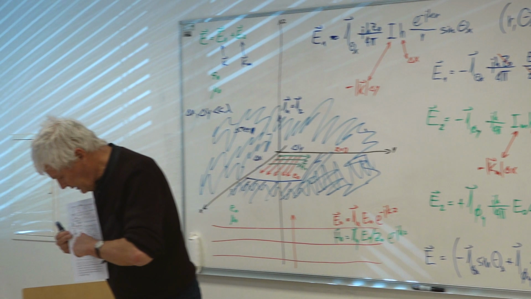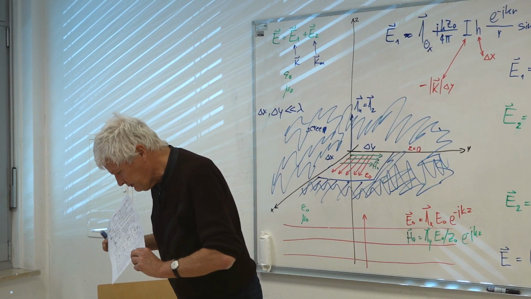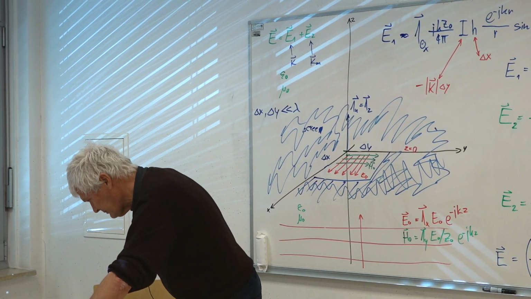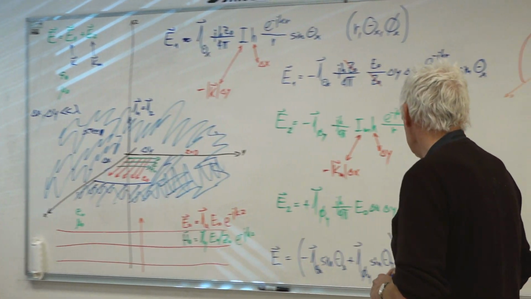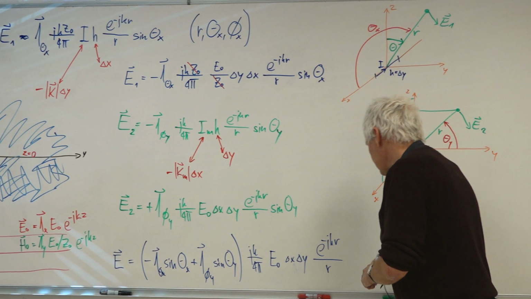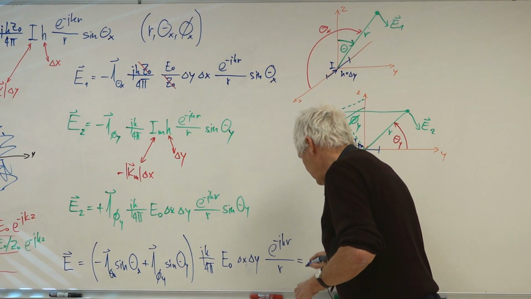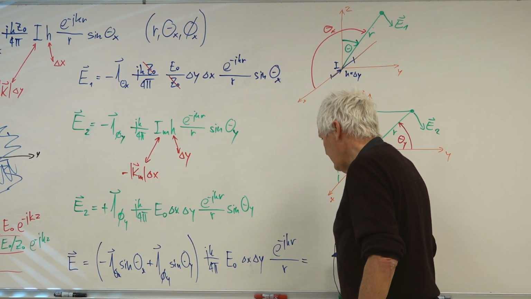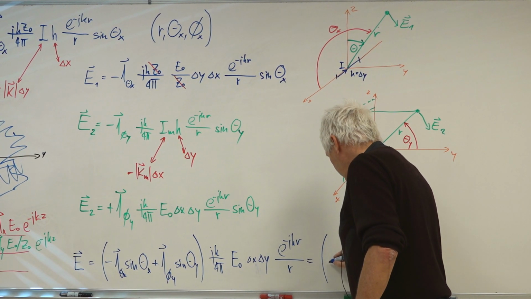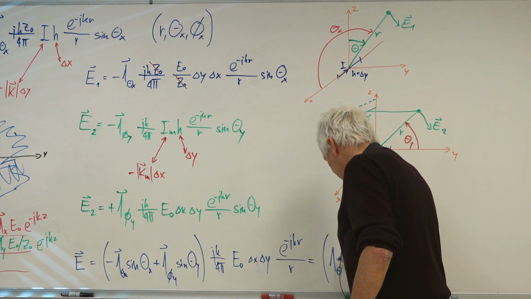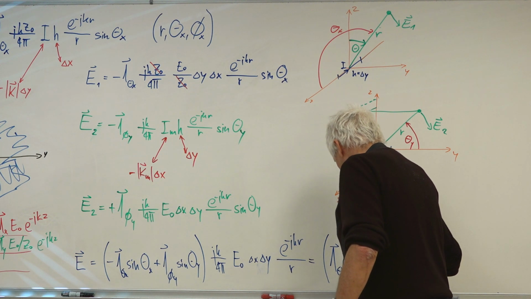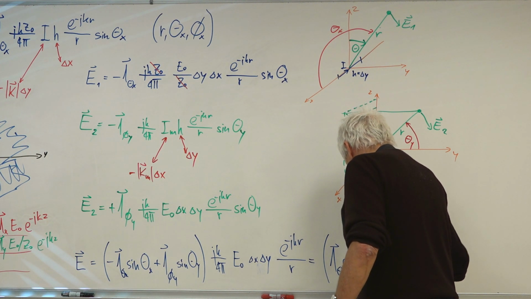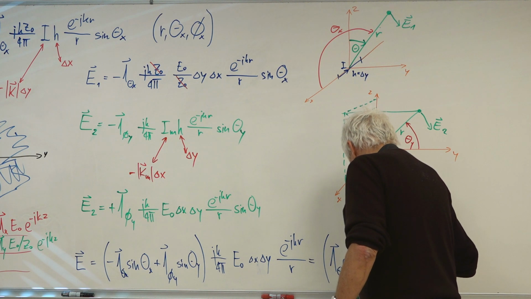So this is the whole calculation we have to do on the board to prove what this is. And actually it's not that complicated. I will rewrite it here. This is identical to 1 theta cosine phi minus 1 phi sine phi.